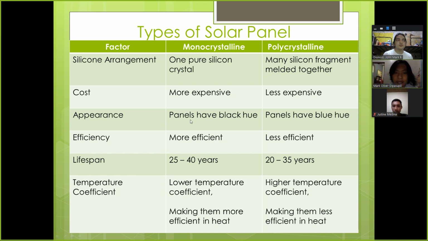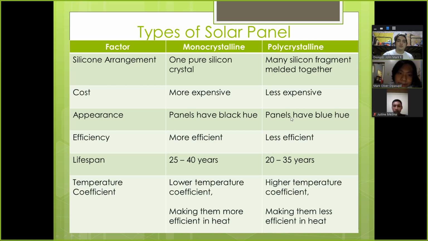Yung monocrystalline, usually meron siyang kulay black. Yung polycrystalline naman is kulay blue. So, pag bibili kayo ng solar panel, para malaman niyo kung monocrystalline siya o polycrystalline: yung mono, kulay black, yung poly, kulay blue. Yun yung pagkakaiba sa appearance.